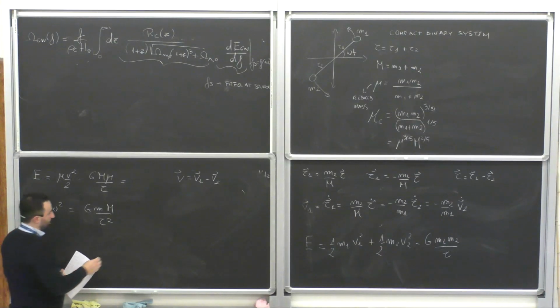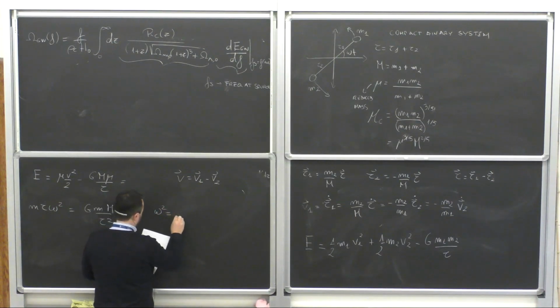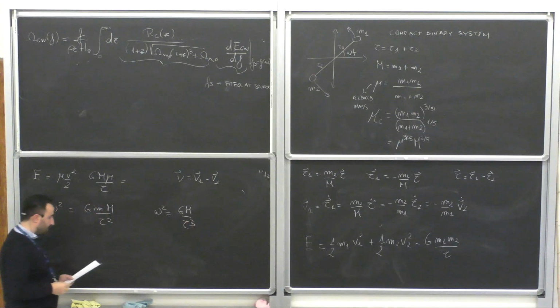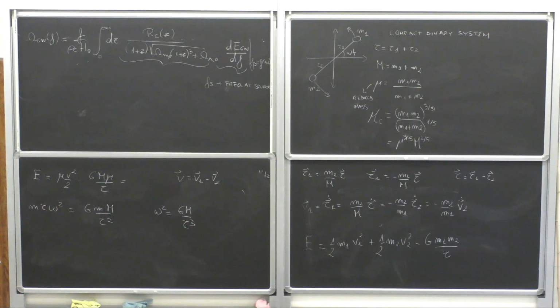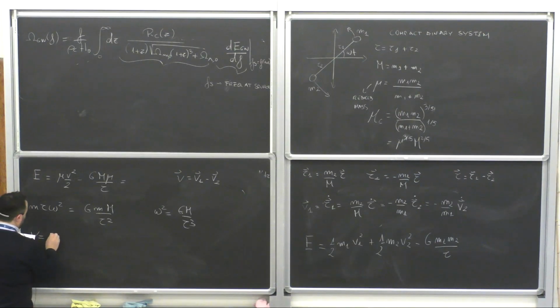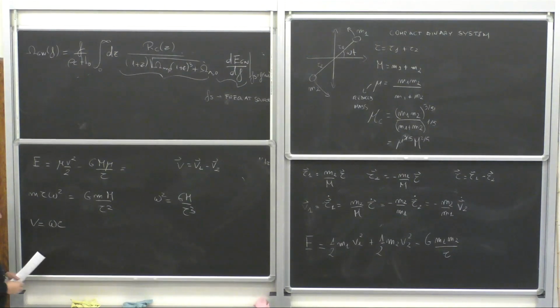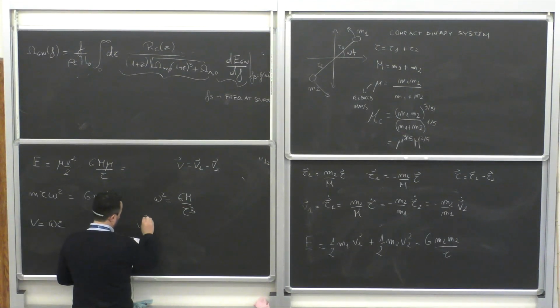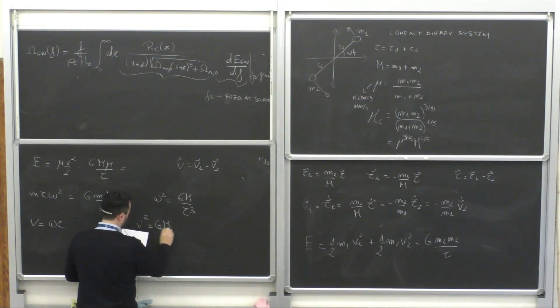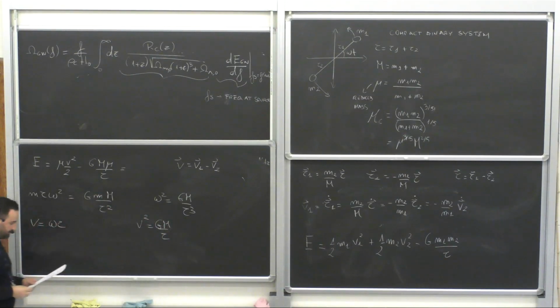So I can compute the angular velocity from here, or from Kepler's law, right? So I compute my tangential velocity. In this way I have that v squared is equal to GM over r.